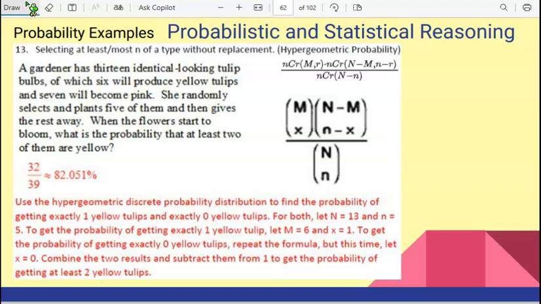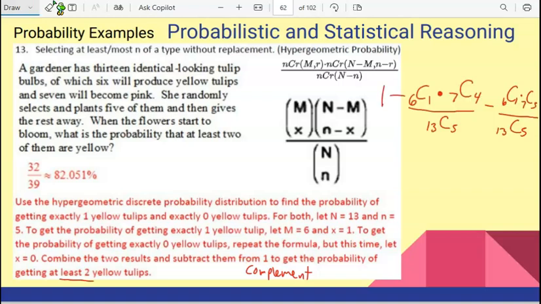To get the probability of getting exactly 0 yellow tulips, repeat the formula, but this time let x equal 0. Combine the two results and subtract them from 1 to get that complement, to get the probability of getting at least 2 yellow tulips.